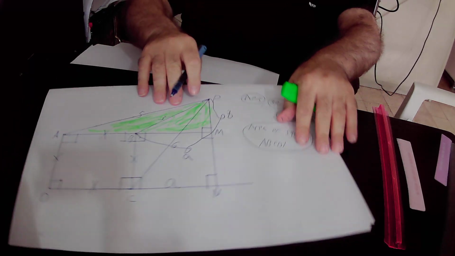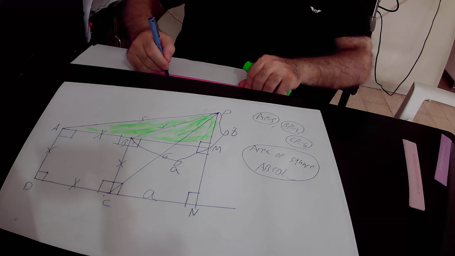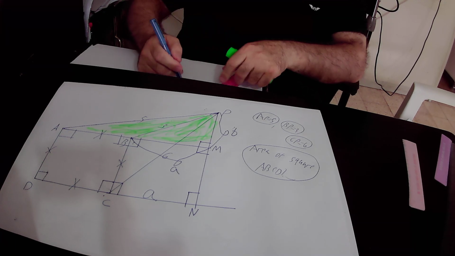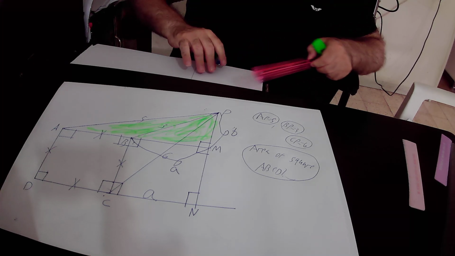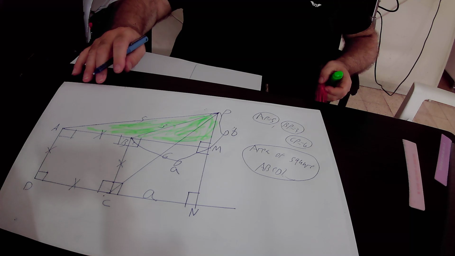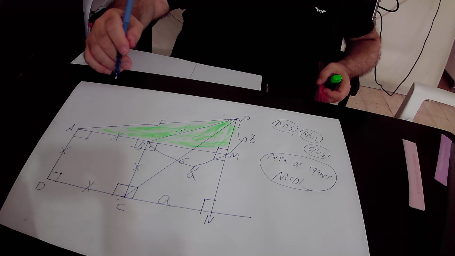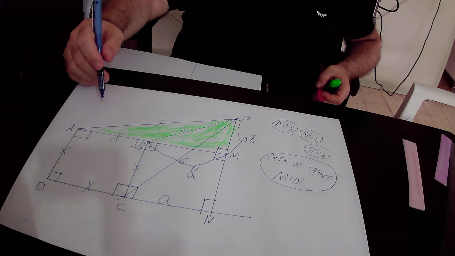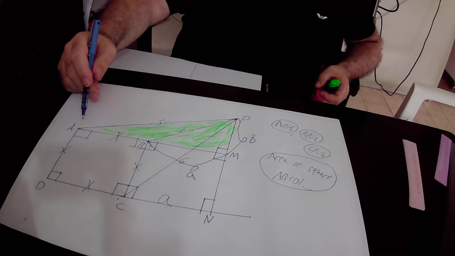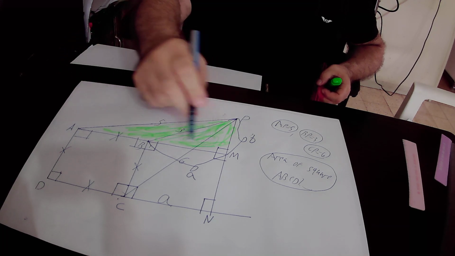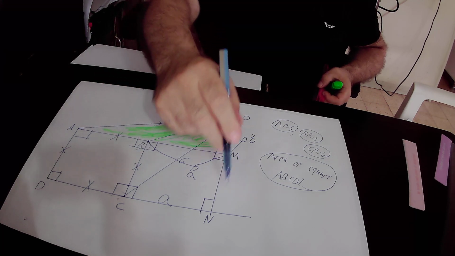Likewise, according to the same rule that the opposite sides of a rectangle are equal to each other, in rectangle BMCN, BC equals MN.